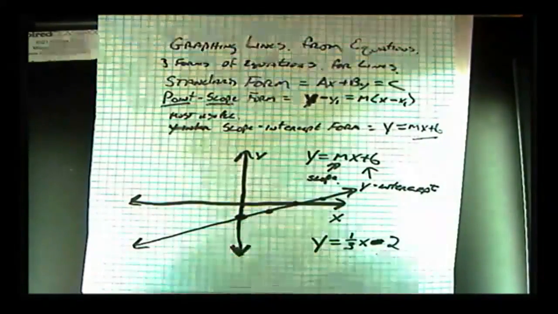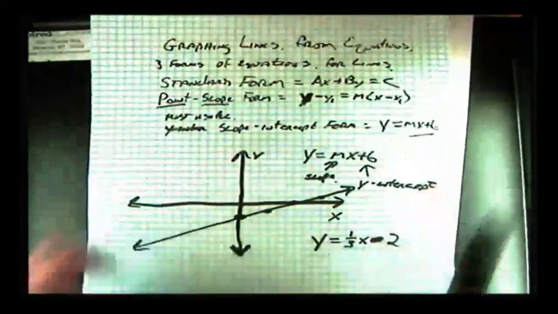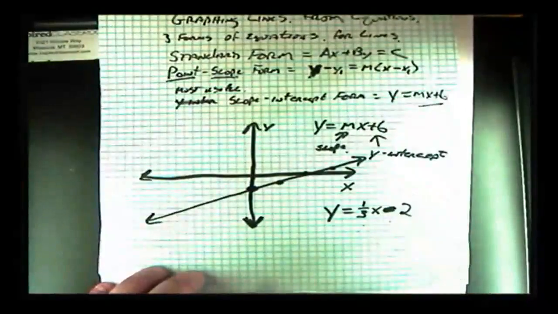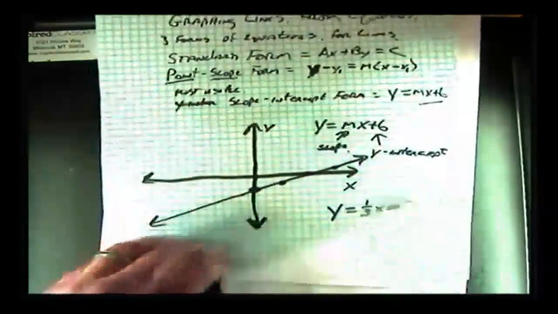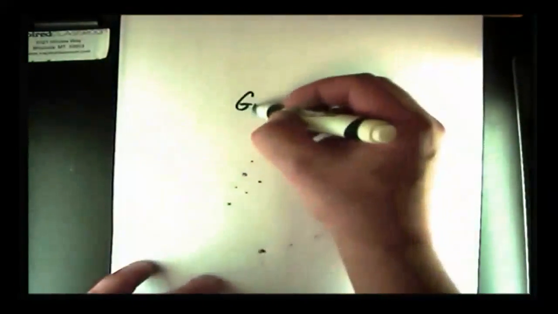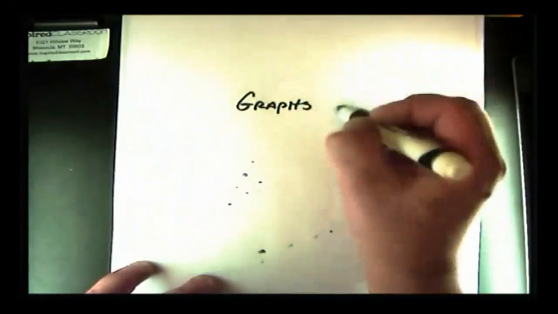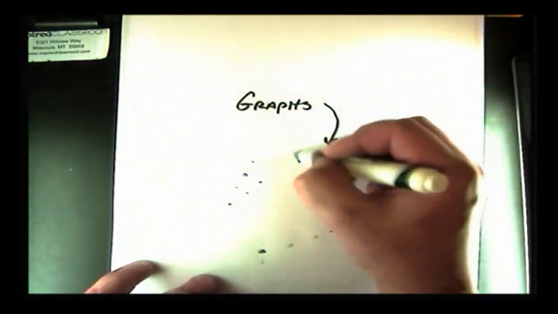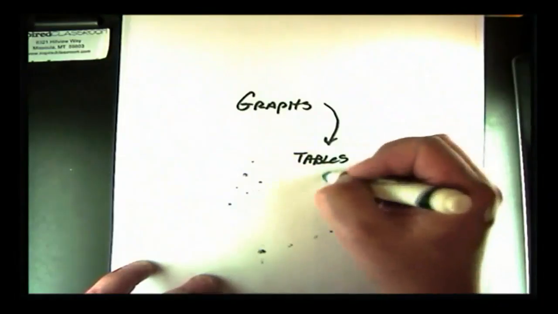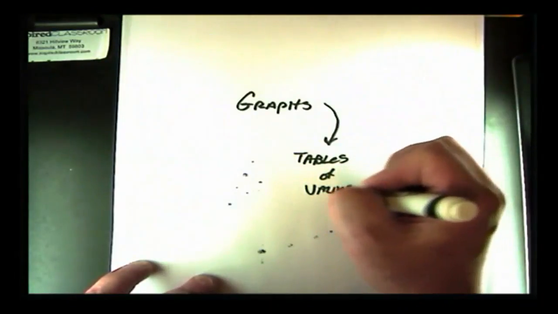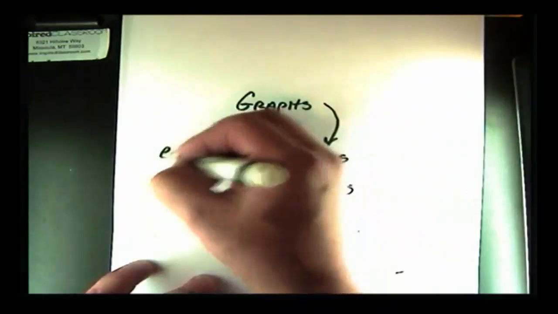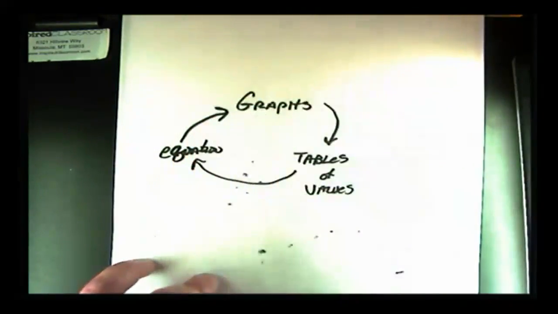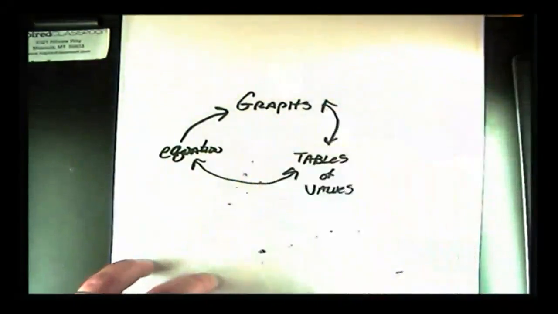We have some problems that we'll work on, but I think it's important to notice that these are kind of circular. They're circular in the sense that graphs lead to tables of values, which leads to an equation, which leads back to graphs, or vice versa on all of these.